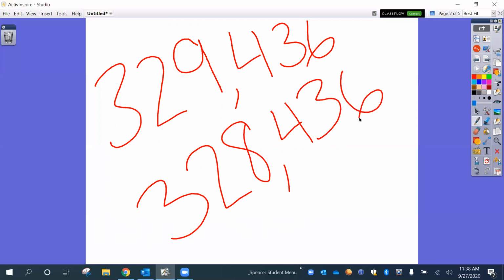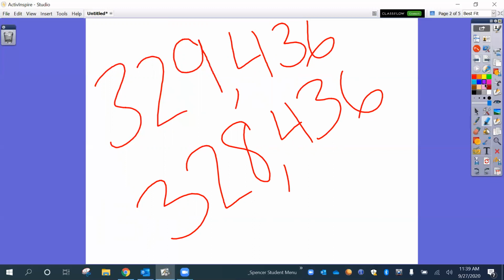Now notice that I line those up just naturally by writing them in the same place values, hundred thousands over each other, ten thousands over each other, thousands, hundreds, tens, ones. Remember that because that's going to be very important when we shift into decimal places.